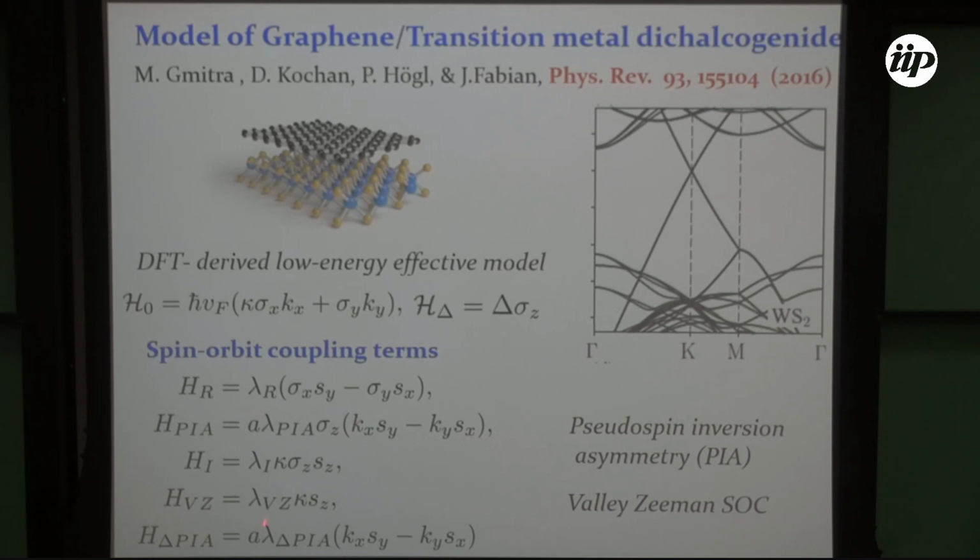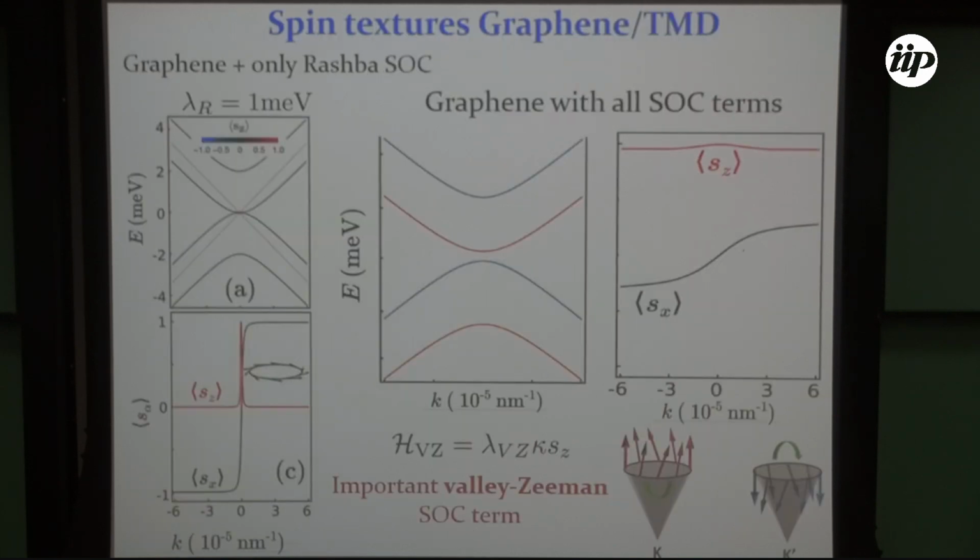And beyond the Rashba, they also identified additional symmetries and additional terms that were essential to capture bands and spin texture. If you compare the conventional Rashba spin texture, this kind of winding, with what you have on graphene deposited on a TMD, you get something really strong here, an out-of-plane polarization that is very strong, in addition to the Rashba.